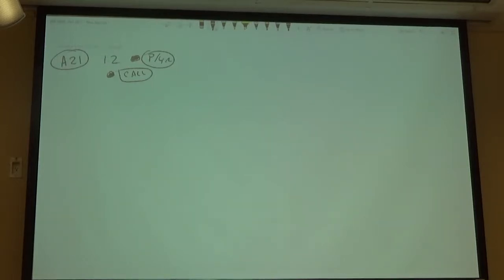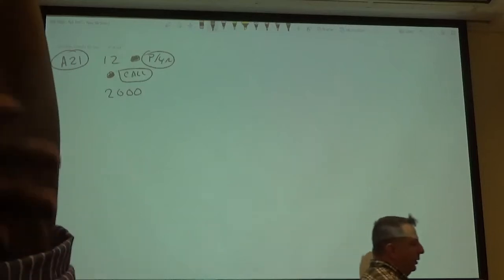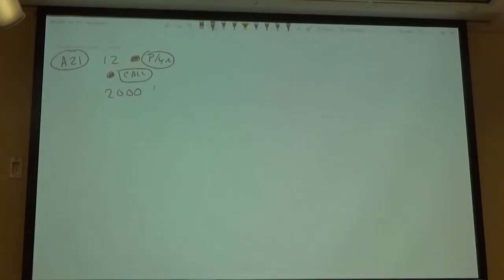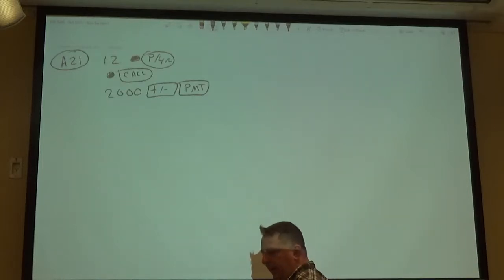Okay? So once we've got that, then we start putting in the information. So $2,000 is the first number that they give you. Now it says you're depositing this. If you're the depositor, is this an inflow or an outflow to you? Outflow. Okay? You are writing a check to the bank for that amount. So we're going to make that a negative, and that is going to be a payment because it is occurring more than once. And the interest rate is 10%.